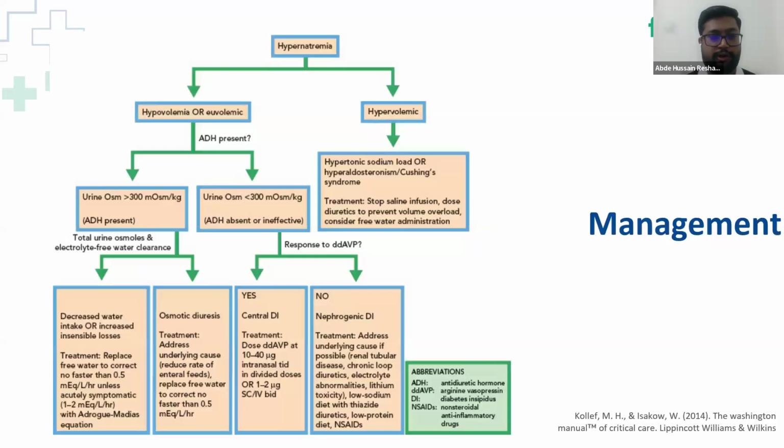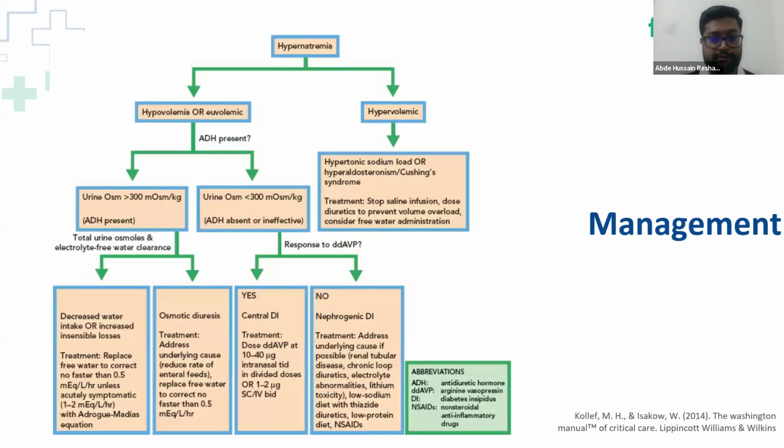So just to get a workflow of how we can manage different types of hypernatremia, whether it is hypovolemic or euvolemic, whether ADH is present or not. First, a short note on hypervolemic hypernatremia, where we have given a lot of fluids, a lot of hypertonic solutions.